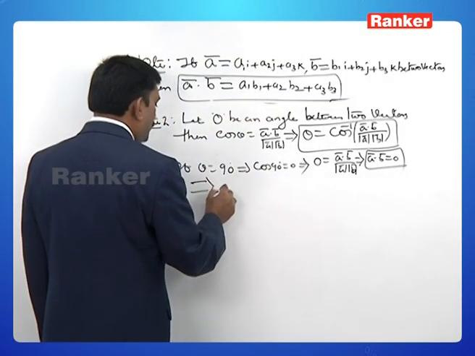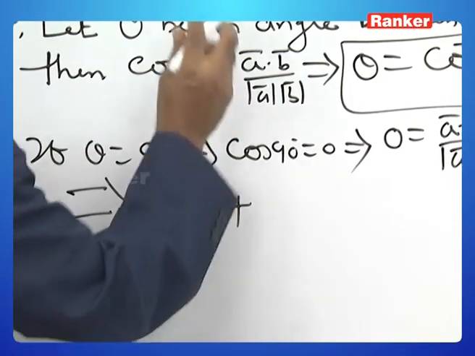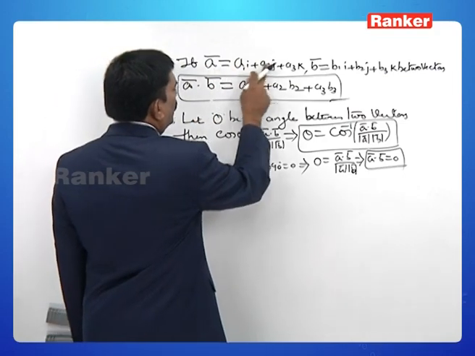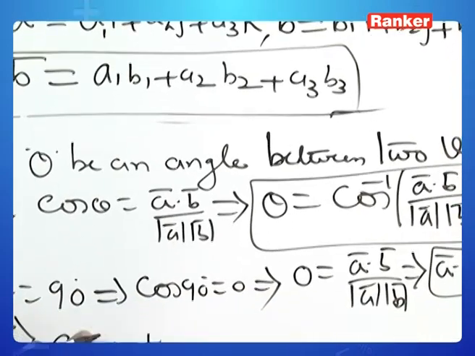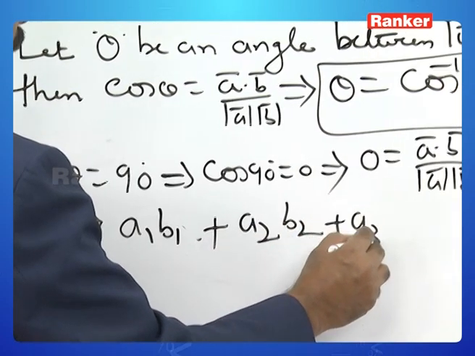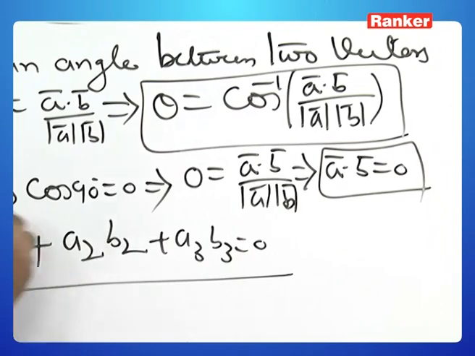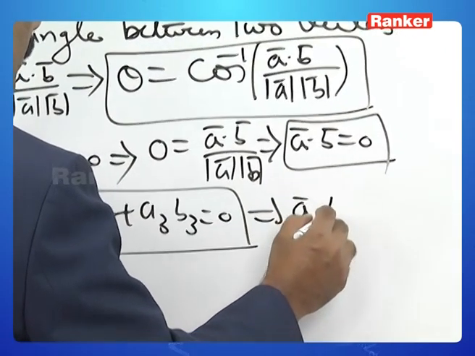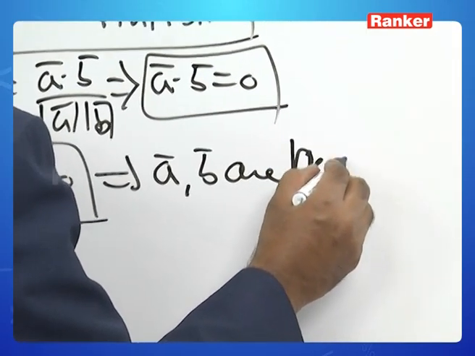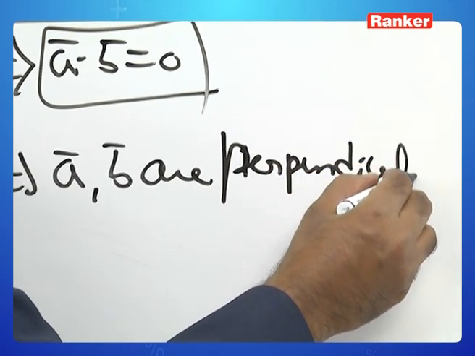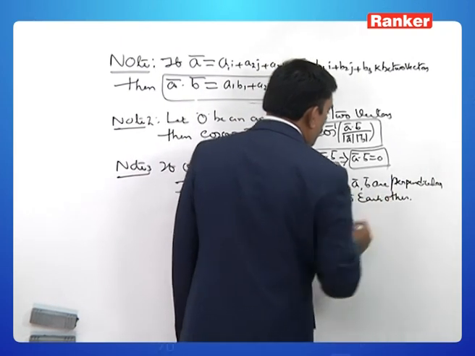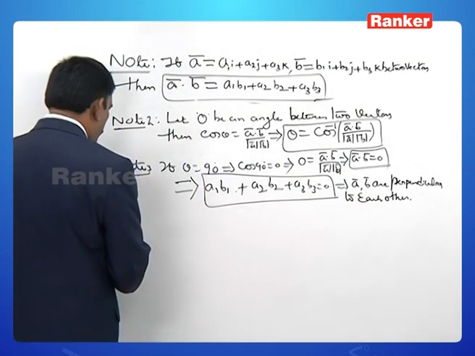I have taken A bar and B bar, so if A bar is equal to A1i, A2j, A3k, and B bar similarly, I can write A1 B1, A2 B2, A3 B3 is equal to 0, which implies A bar, B bar are perpendicular vectors to each other. Perpendicular to each other. Next, note 4.